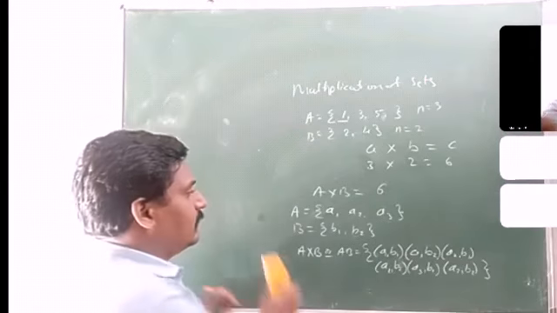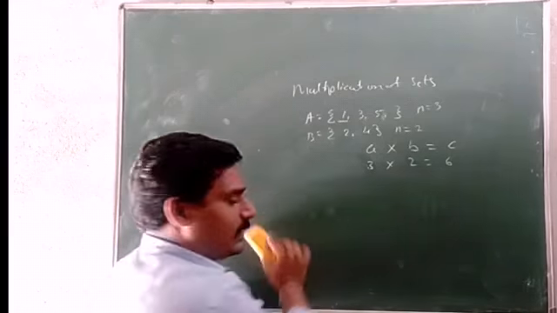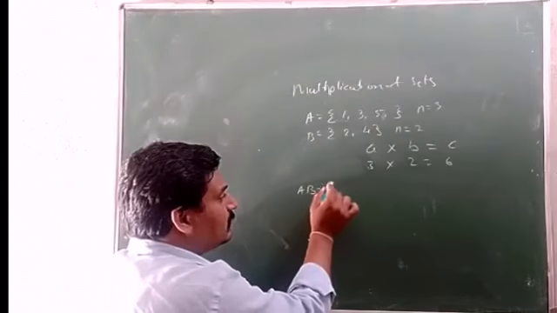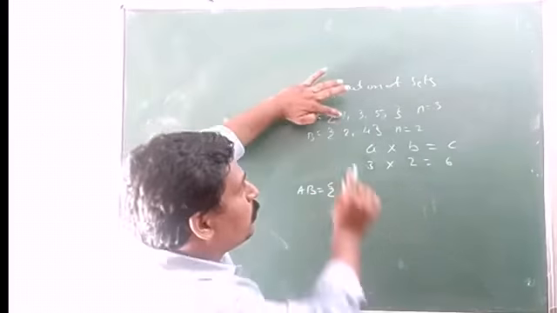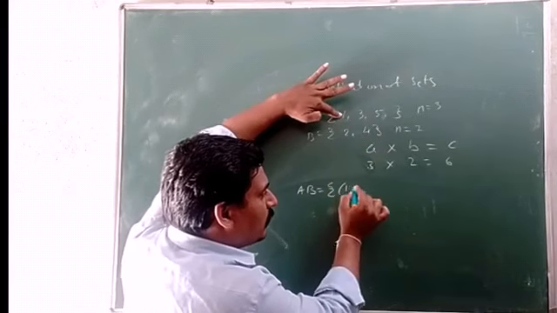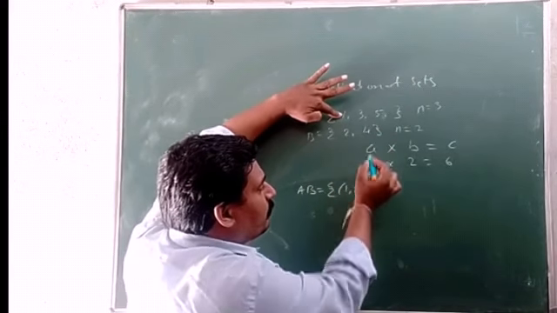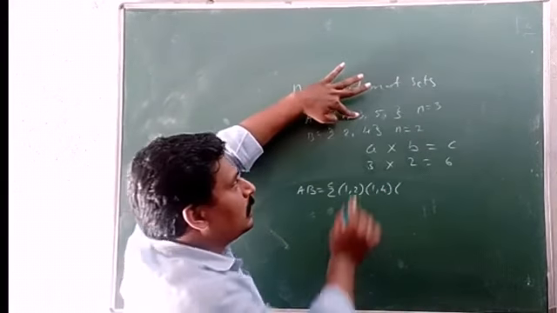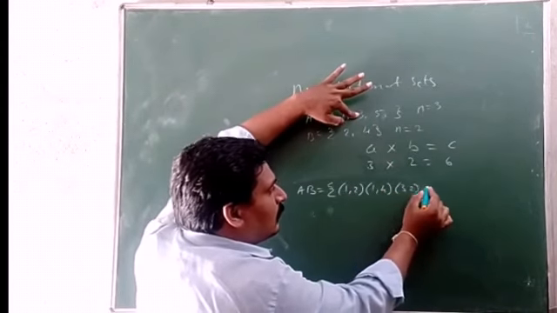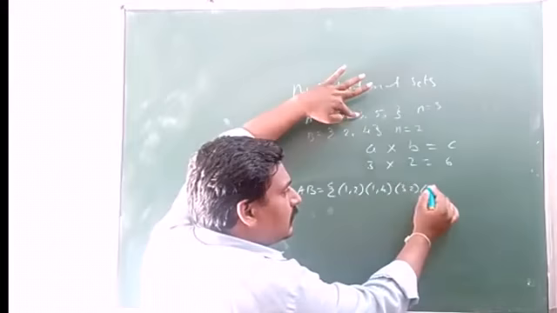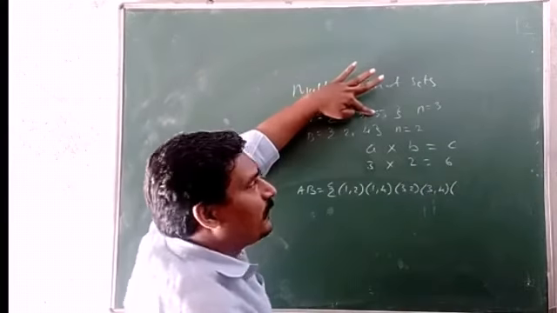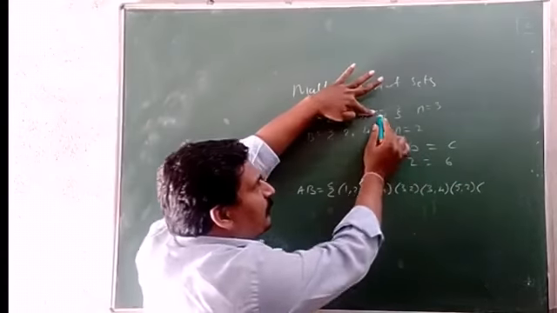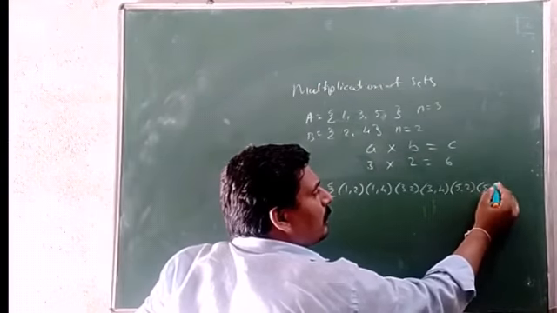If you multiply these two sets, we get AB is equal to (1, 2), then (1, 4), then coming to 3, (3, 2), then (3, 4), then for 5, (5, 2), and finally (5, 4).